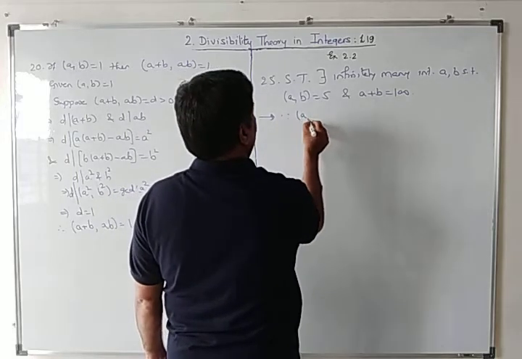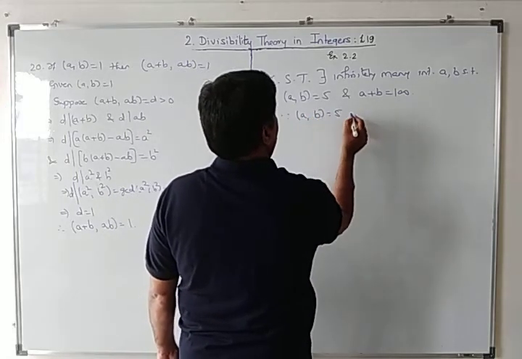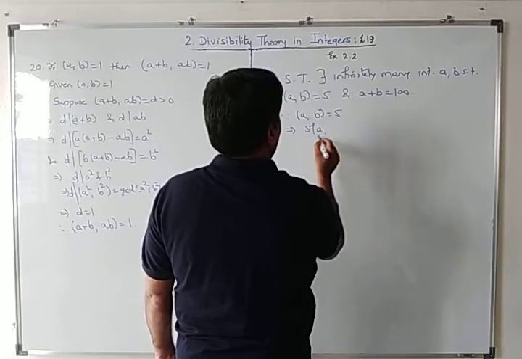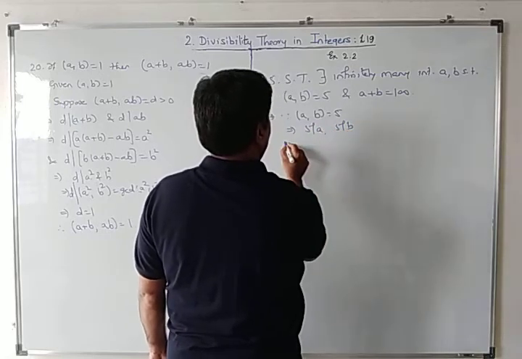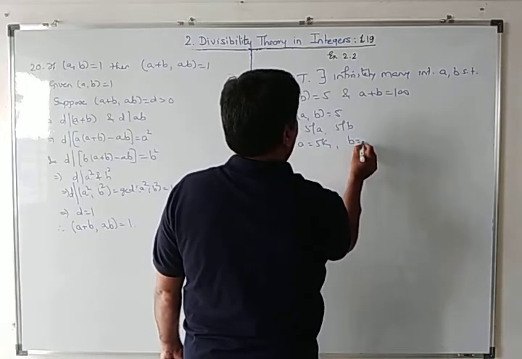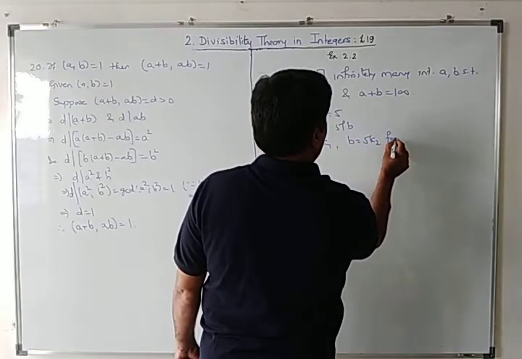Since GCD of a, b is equal to 5, implies 5 divides a, 5 divides b, and therefore a equal to 5k1, b equal to 5k2 for some k1, k2 belongs to Z.